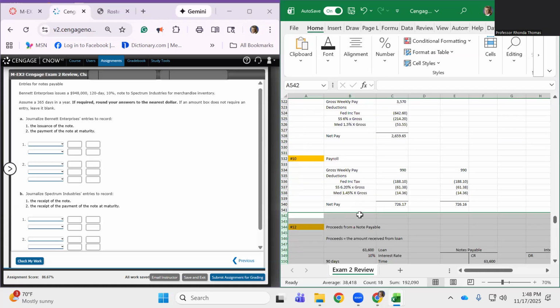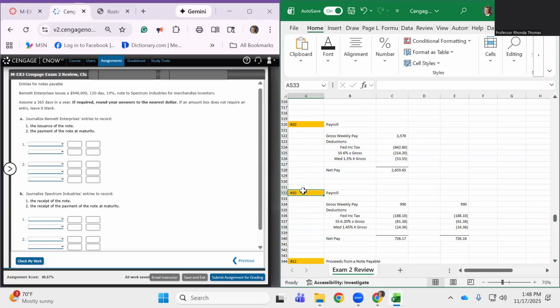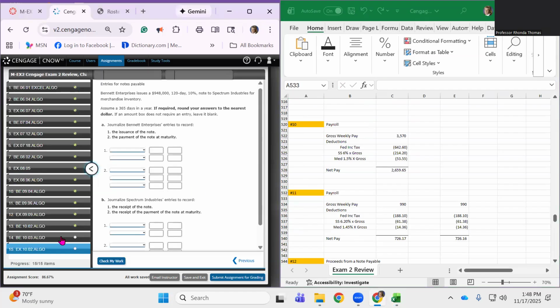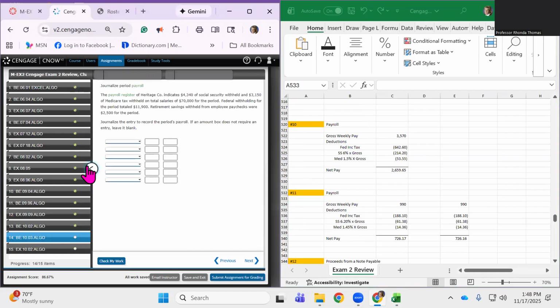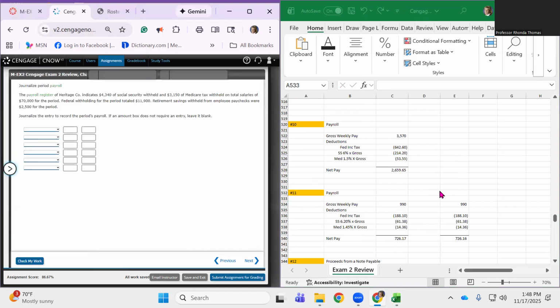Okay, so that match costs the employer more. All right, so let's go ahead and look here. Let's go back and get this one. All right, we're going to calculate this.